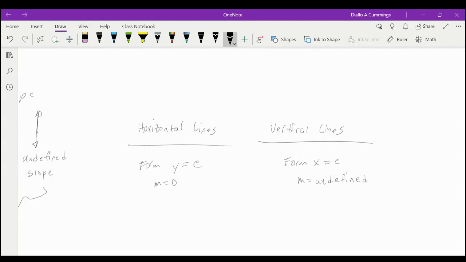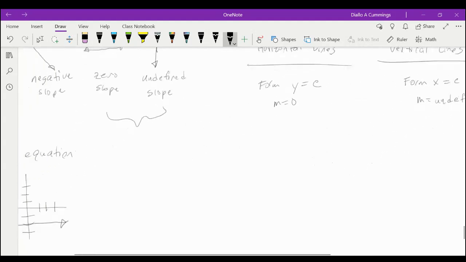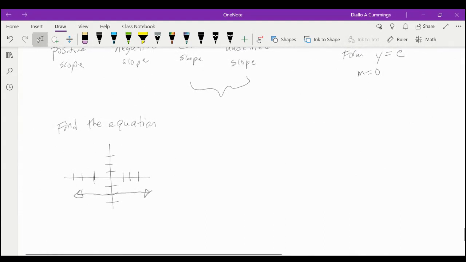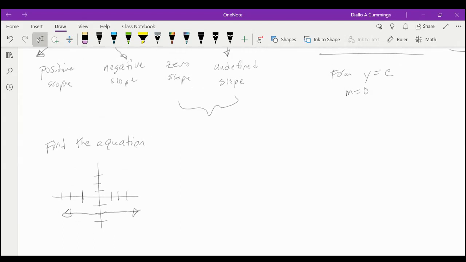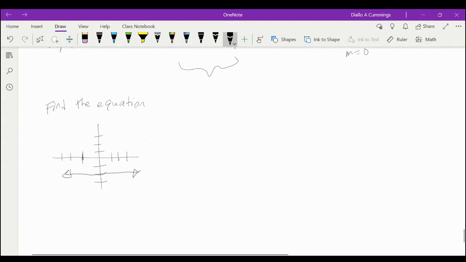Now if we were asked to find the equation for this particular graph, since it's a horizontal line, it should be in the form of y is equal to some number. So guess what that magic number is?